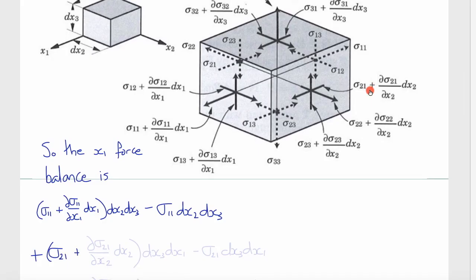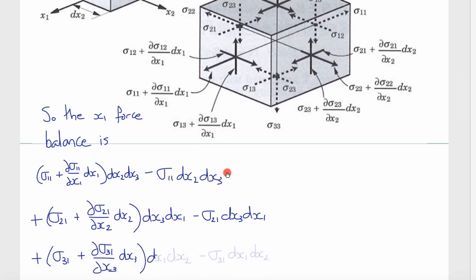Plus the shear tractions that are pointing in the x1 direction, in this case on the x2 face, so sigma 2,1 plus del sigma 2,1 del x2 times dx2 minus sigma 2,1 times dx3 dx1.